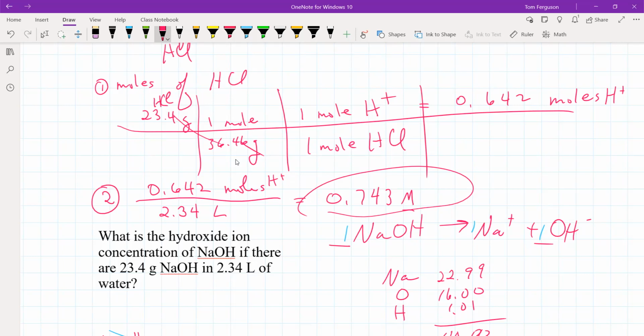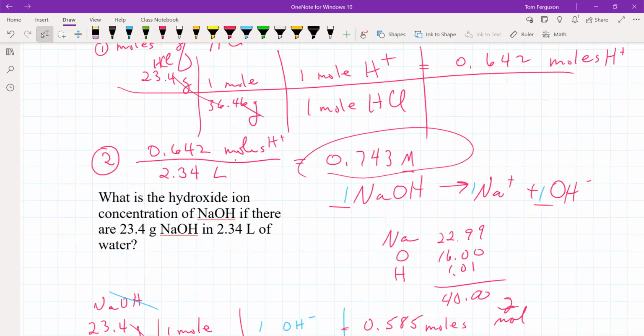So the kingpin on this is to calculate the moles of HCl first. And that automatically means you calculate the moles of hydrogen ion. Is everyone okay with that?